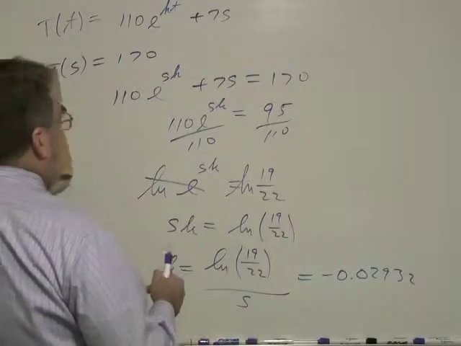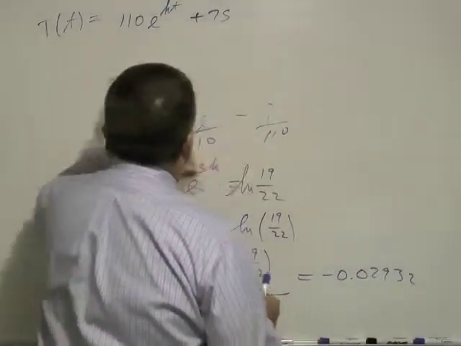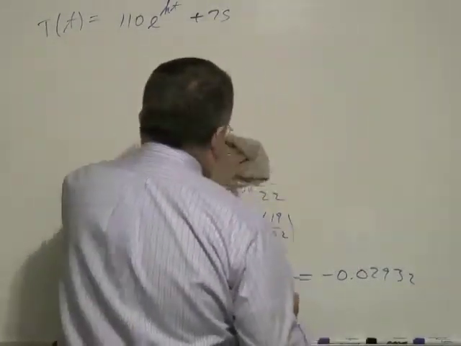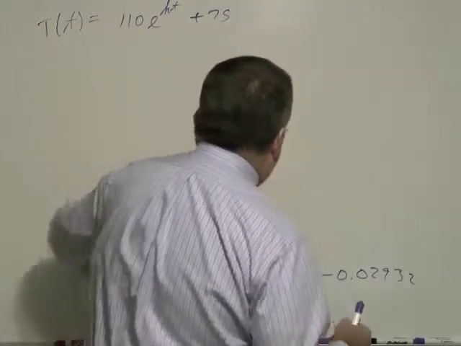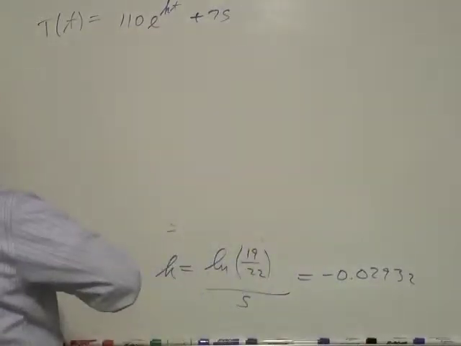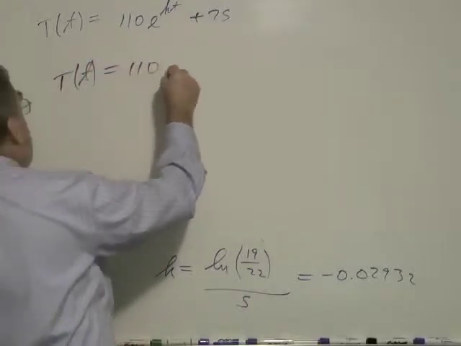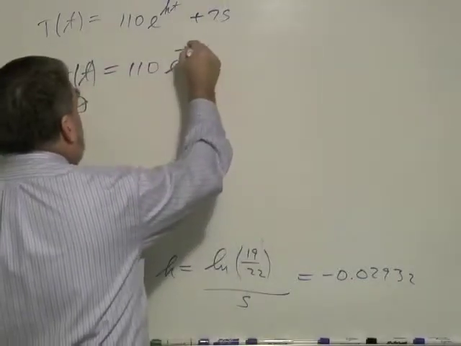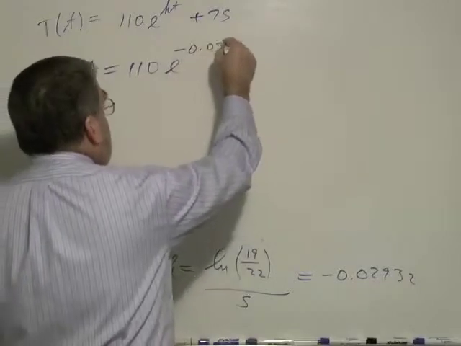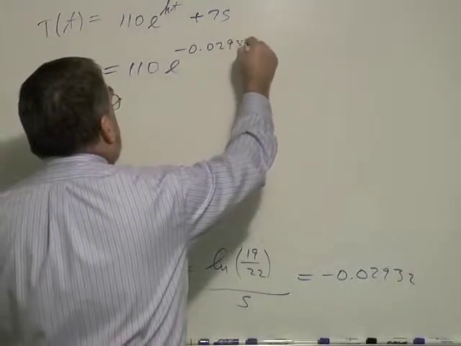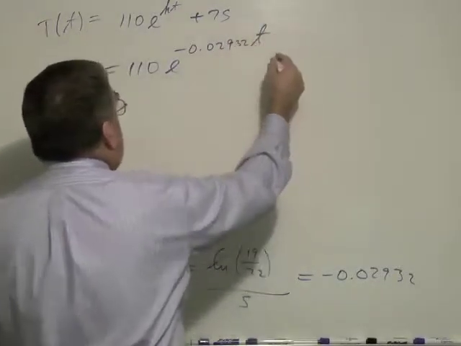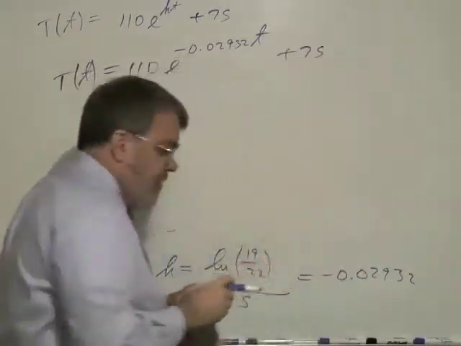All right, well, now let's go ahead and plug it in up there. And so we have T of t, this is our function now, is 110 e to the negative 0.02932 times t plus 75.